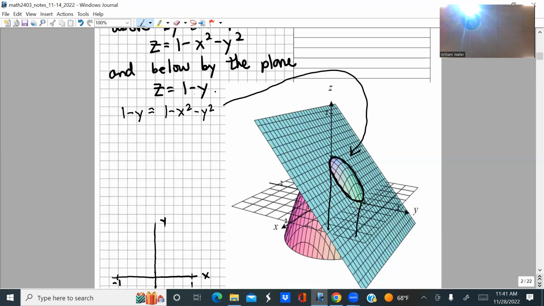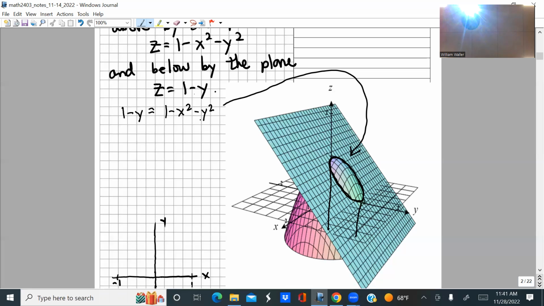These are intersecting surfaces, but our knowledge of intersecting curves suggested we know how to do this. We'll just take the two equations for the two surfaces and set them equal to one another. Notice when you do that, that gives you an equation in x and y, an equation in two variables, and you can plot that equation on the xy plane.